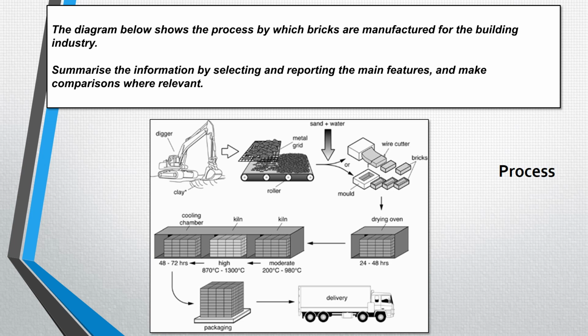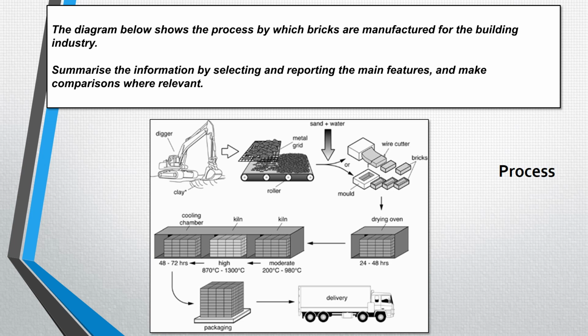And the opening statement here reads, the diagram below shows the process by which bricks are manufactured for the building industry. So it's a different topic entirely to some of the others we've looked at, but the structure we can use to answer the question is actually very similar to all the others.